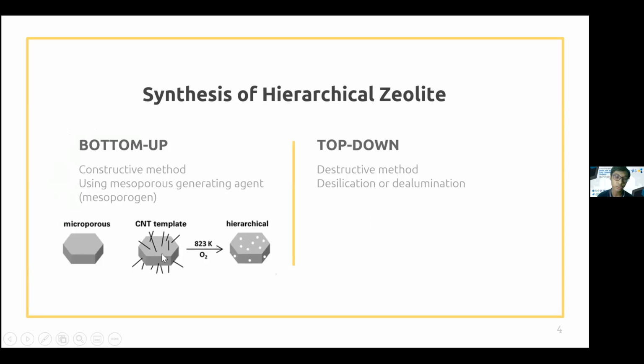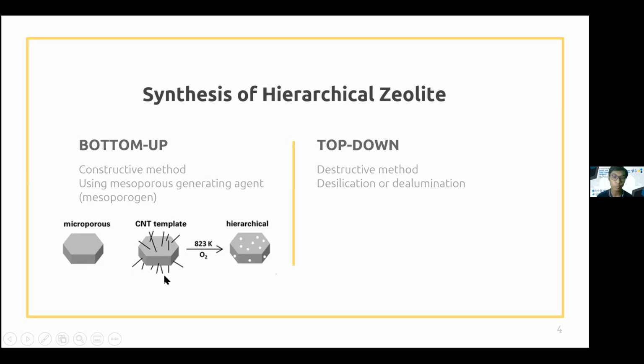So we take carbon nanotube as the mesoporogen, which will then act as the template instead of the OSDA. The process of hydrolysis and condensation takes place around the carbon nanotube.